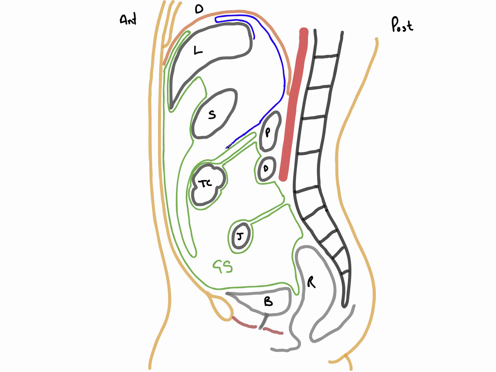It runs alongside this layer and then runs along the inside of the posterior and anterior layers of the greater omentum. So here we can see it's running along the inside surface of the anterior layer, and it's approaching the greater curvature of the stomach.